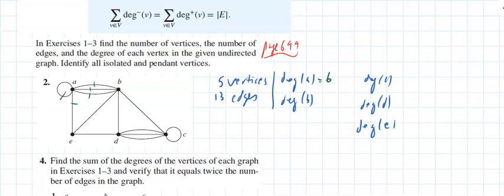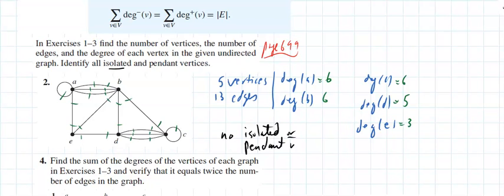Remember, that's 6. For B, 1, 2, 3, 4, 5, 6 as well. Degree of C, where's C? Right there. 2, 3, 4, 5, 6. Degree of D, 1, 2, 3, 4, and 5. And degree of E, 1, 2, 3. And then identify all isolated vertices. We don't have any. Or pendant vertices.